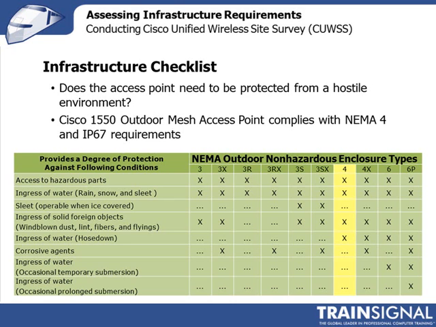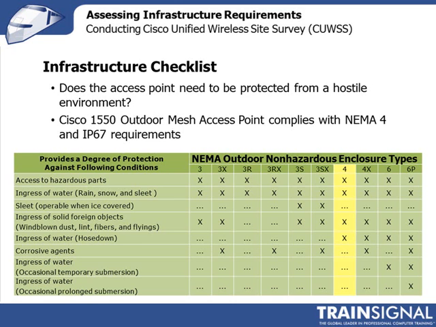I've also shown here that the Cisco 1550 series outdoor mesh access points conforms with the enclosure type 4. You can see that an enclosure type 4 is protected against the ingress of water caused by rain and snow and sleet that can occur outside, as well as the occasional hosing down. It is also protected against dust and other fiber that might be in the air.